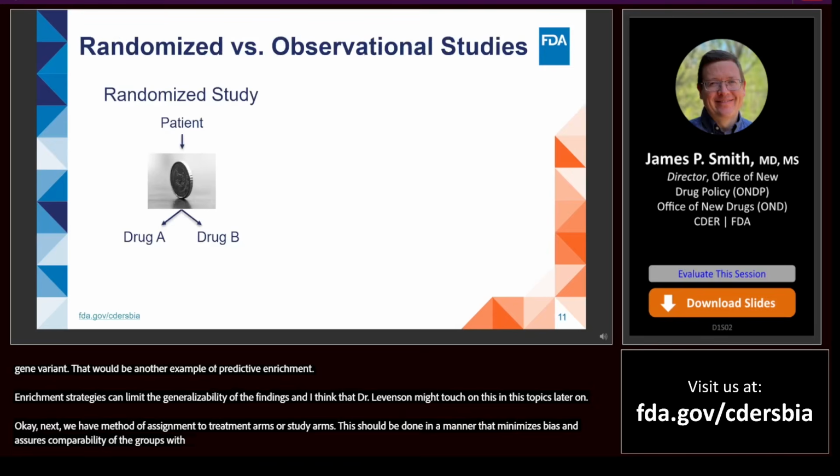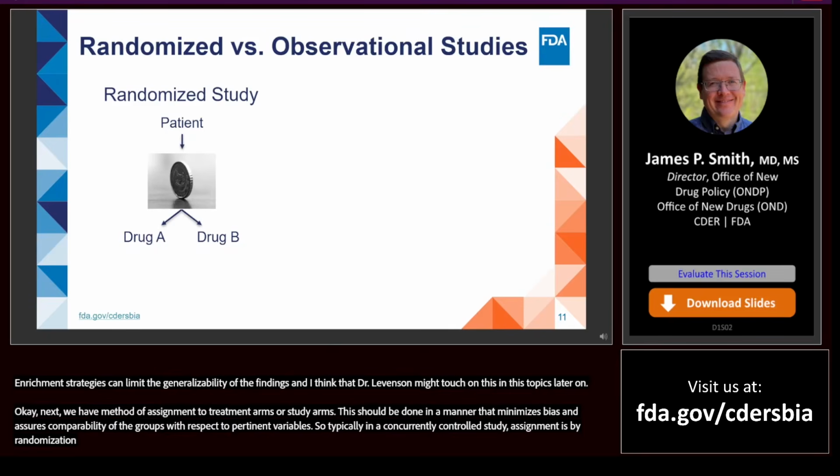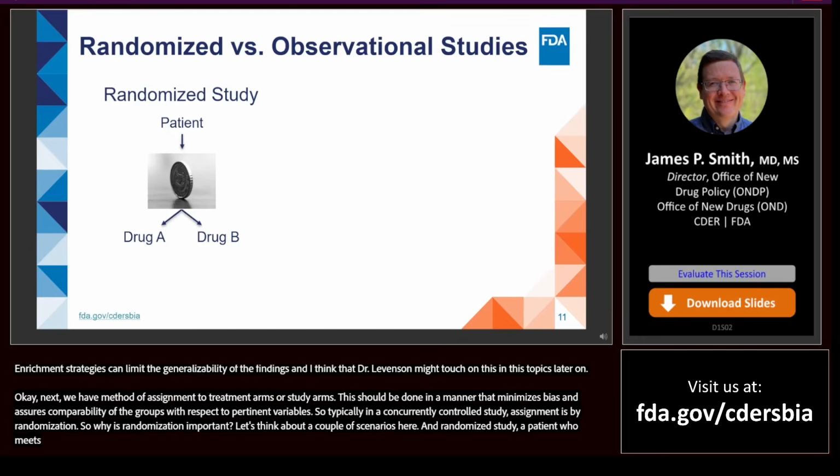Let's think about a couple scenarios here. So in a randomized study, a patient who meets the eligibility criteria gets assigned to a group by a completely random method. So I'm illustrating that here by a flip of a coin, if you will. So heads, they get drug A, tails, they get drug B. So coins aren't actually used, but I think you get the point.